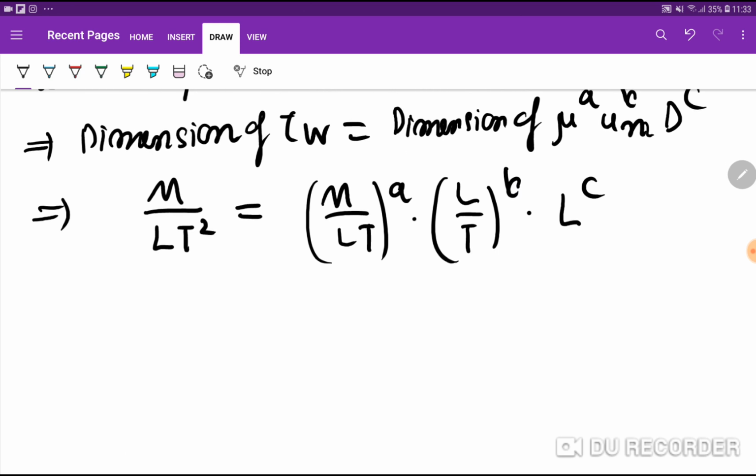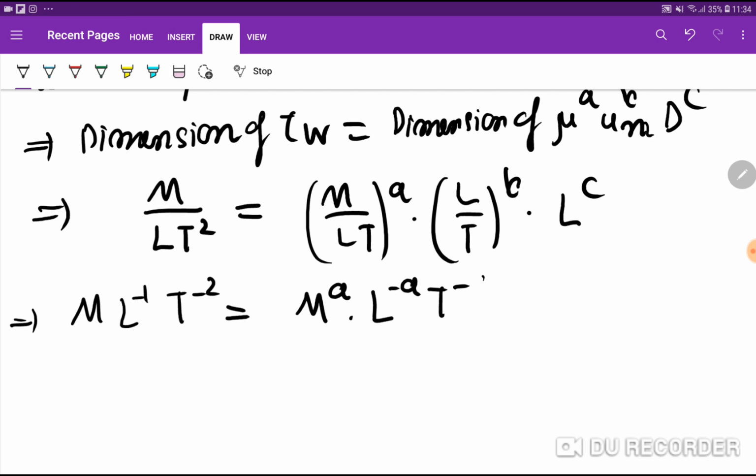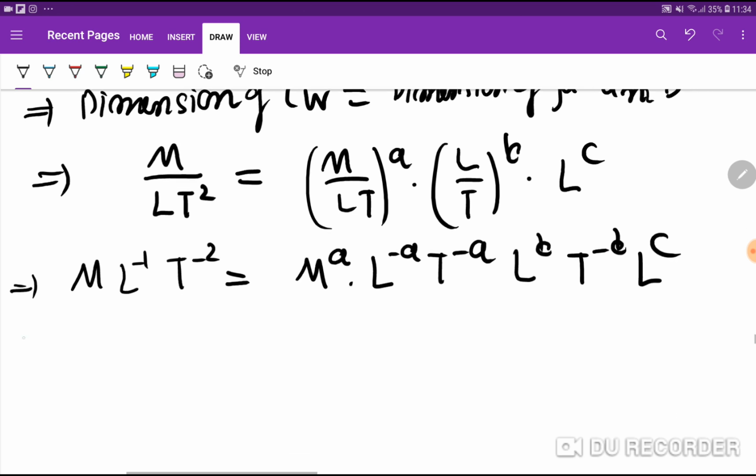Now we can rearrange and solve for a, b, and c.